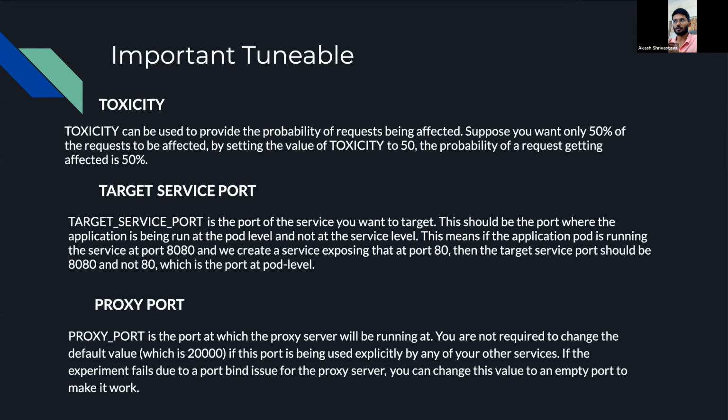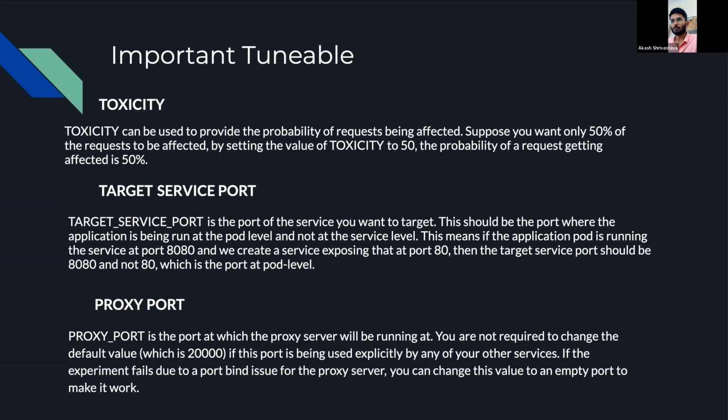Supposedly if you provide the value 50%, then there's a 50-50 chance of a request getting affected by the specific chaos you are doing. It does not directly mean that every alternate request will be affected, but there's a 50-50 probability for each request. In large request terms, this comes out to 50% of requests getting affected.